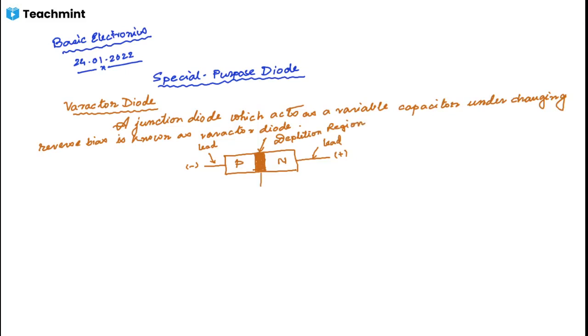This is the effective plate. This is also an effective plate. And this is the effective dielectric.